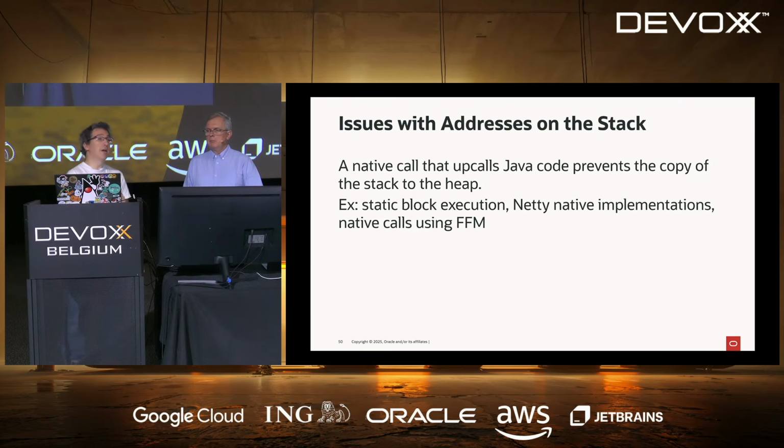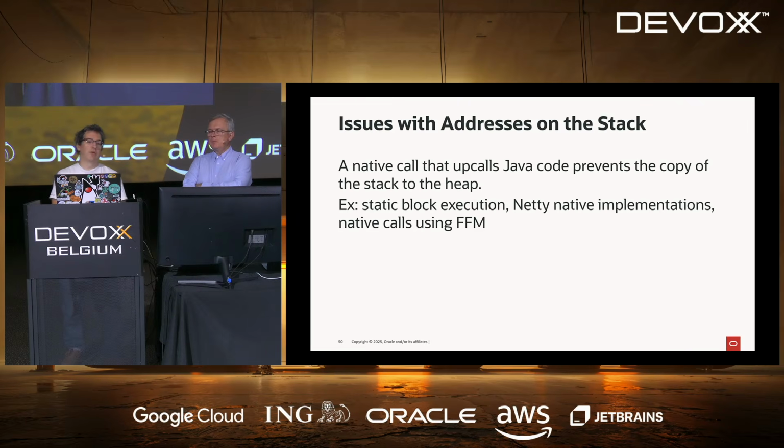You may use some libraries like Netty. Netty provides some really, really nice native implementations. But in that case, the C code will call your Java code. So right in the middle of your stack, you will have C code, so virtual threads will not work.